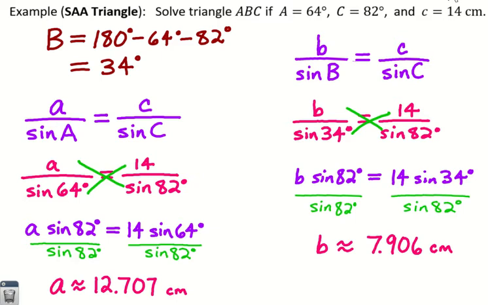Let me say that again. If what you have is angle, angle, side, or side, angle, angle, same thing, that locks you in to having only one possible triangle on your hands. And that's why there's only one answer here for angle B, only one answer for little a, and only one answer for little b.